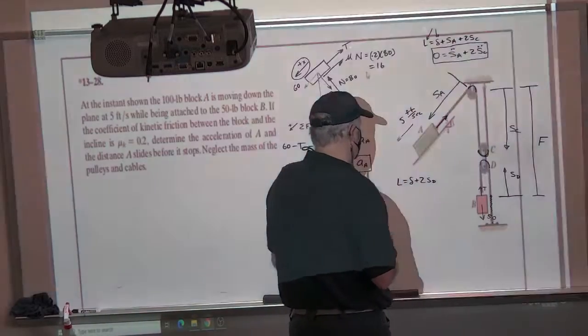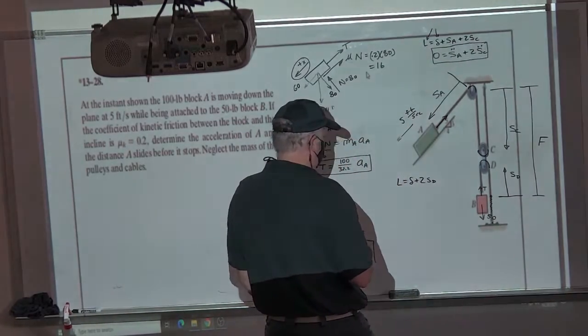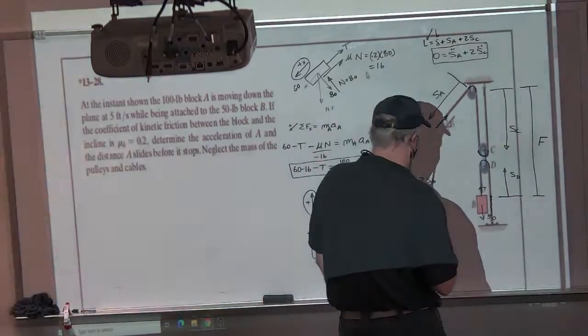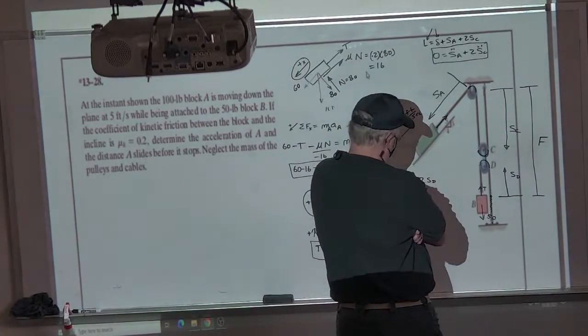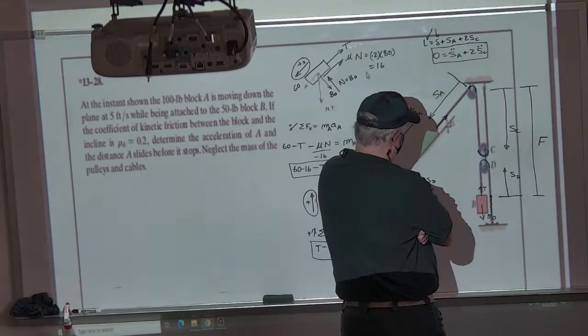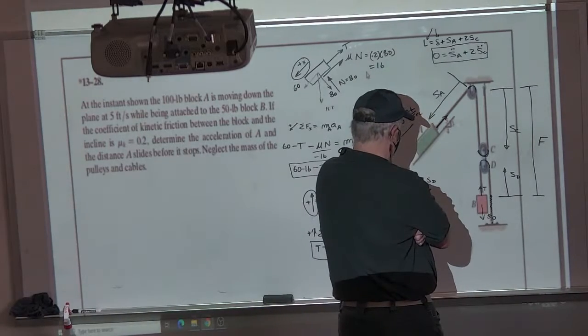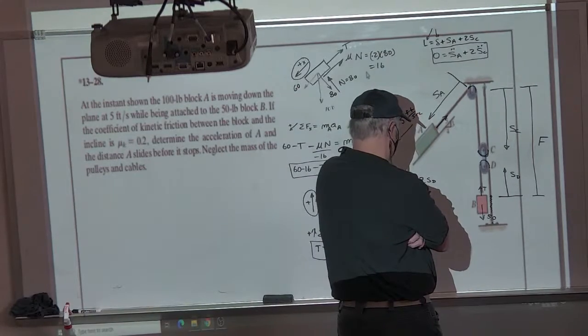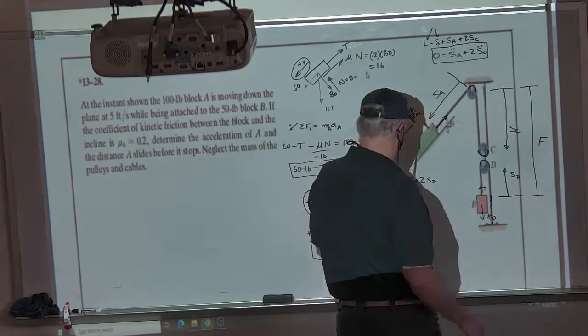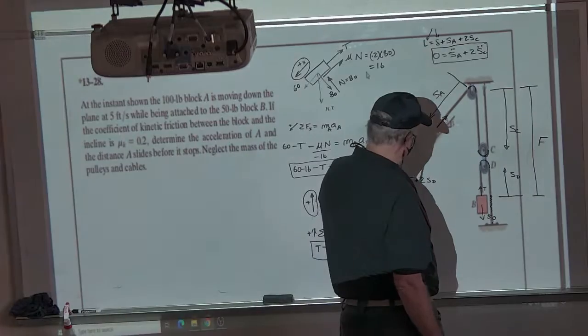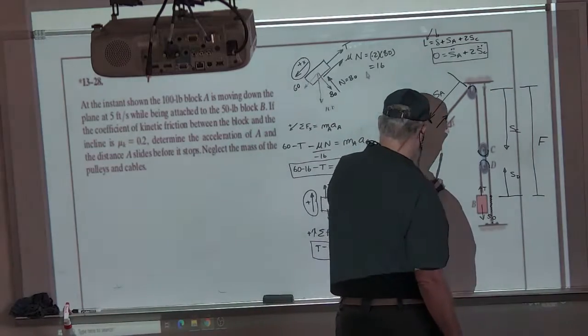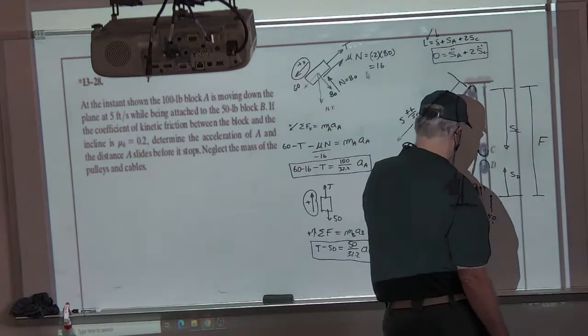Now, when I'm looking at this, there's two ways. Let me look at this for a minute. Maybe I should use the datum at the top to measure the distance to the bottom. If I do that, here's what I'm going to try to do.